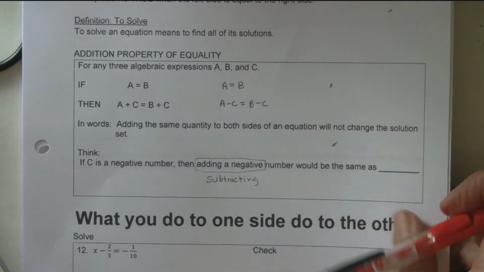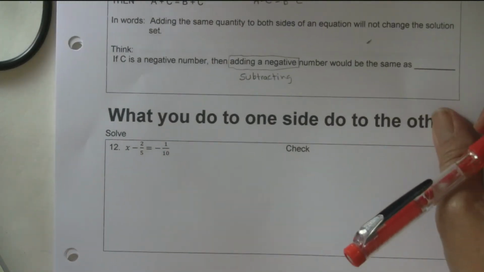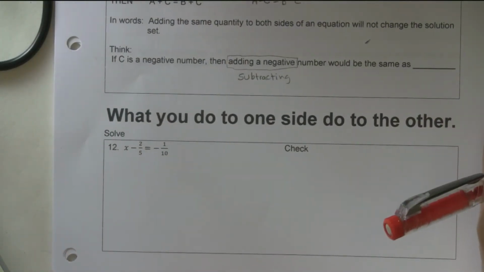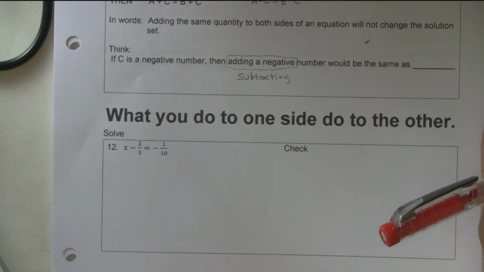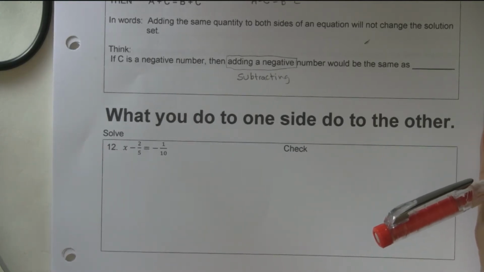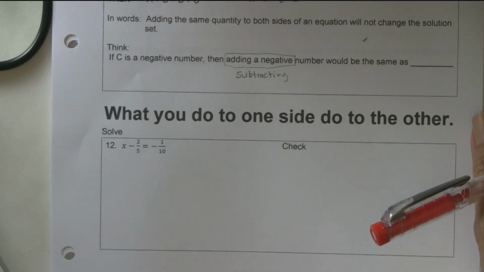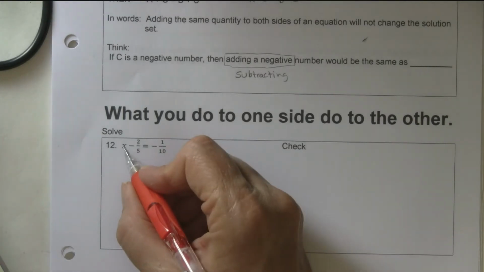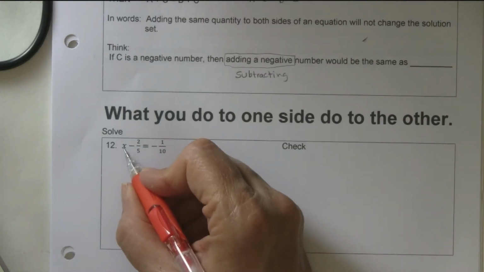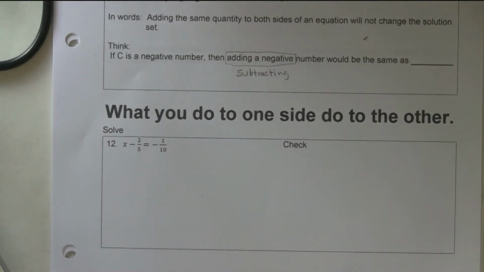So now we're going to try to use this property. The idea is that what you do to one side, you have to do to the other. If you add to one side, you have to add to the other. If you subtract from one side, you have to subtract from the other. And the other idea is that you want to leave X all by itself. I've got X right here, and I would like to leave X all by itself, because then I'll know what X is.